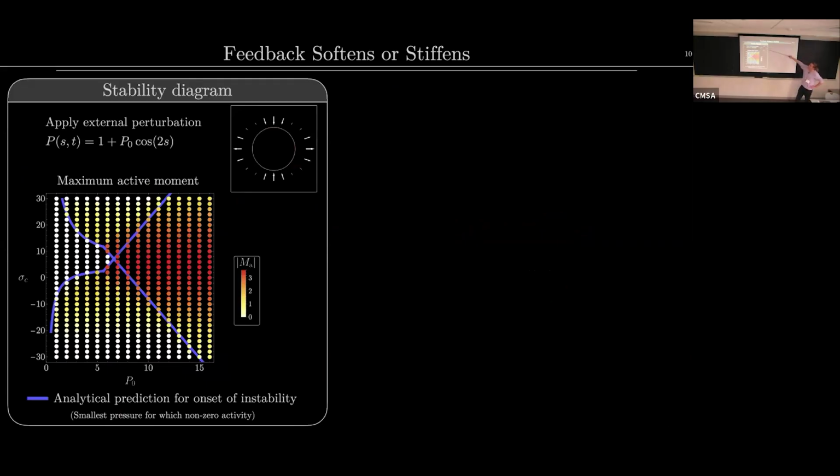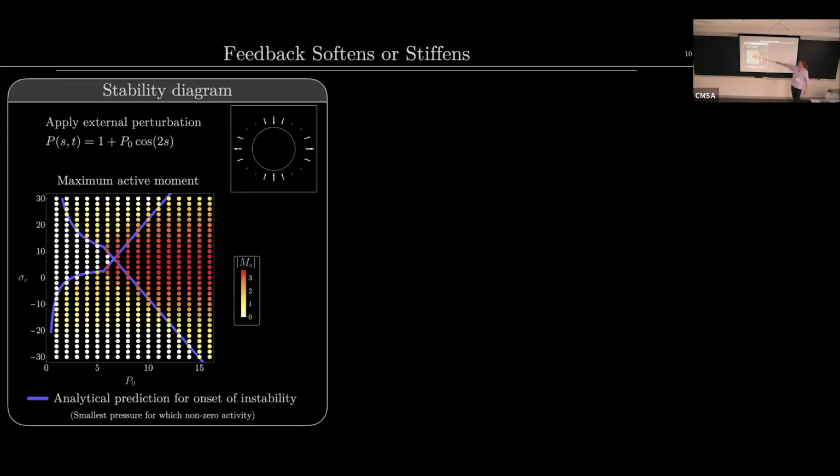So we compress it at the top and the bottom, we stretch it at the left and the right. And then we increase the magnitude of this deformation. And we can also, as a second parameter, change the threshold parameter. It's possible to write down some analytical prediction for the onset of instability. So how far do you have to deform the ring for something to happen?